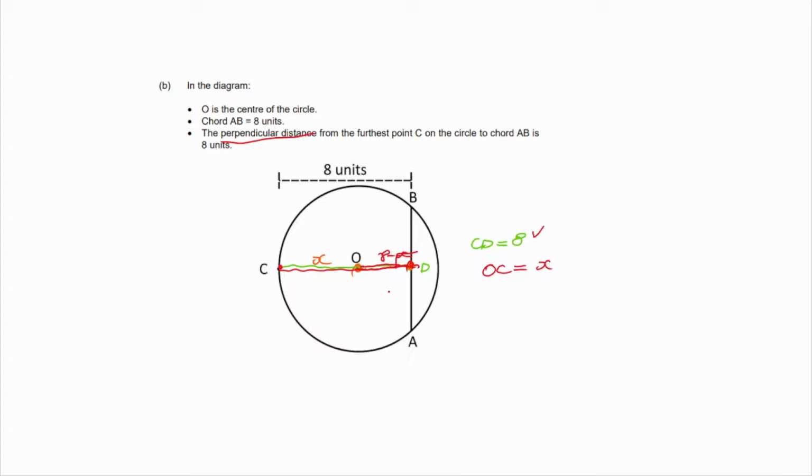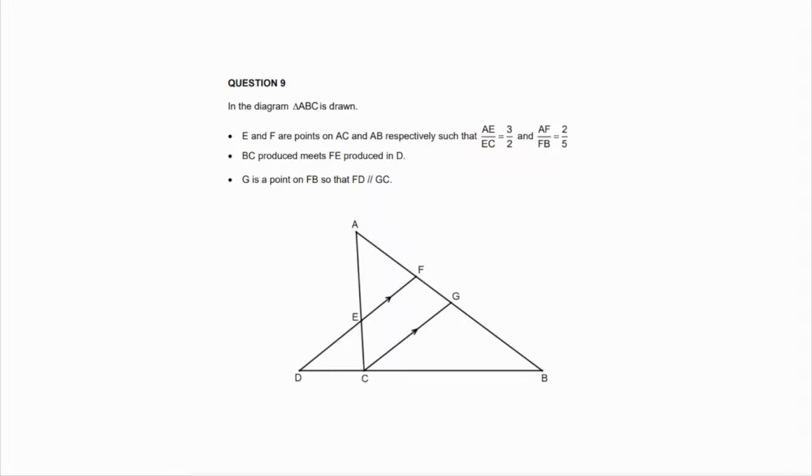So it's a perpendicular distance and it goes through the center, so that means that OD is perpendicular to AB. All right, so I hope everyone was happy with that. Okay, cool. Let's move over to question 9.